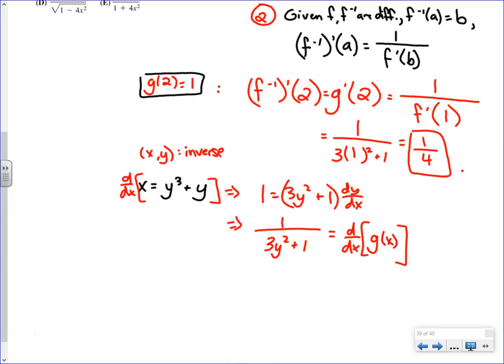So when we go to plug in the y, who is our point? 2, 1. Which part am I plugging in? The y value. So as long as we keep track of who's who, and that would be g prime of 2, then we could still get 1/4.